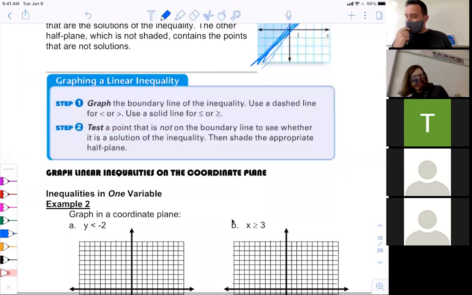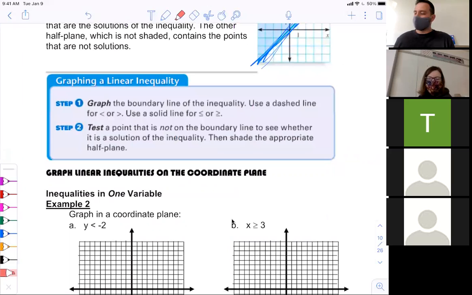So the first step is to graph that boundary line. And then here's where you're going to come into trouble. If it's not an equal sign, you're going to use dashes, if it's less than or greater than. If it has an equal, you're going to go ahead and use a solid line.